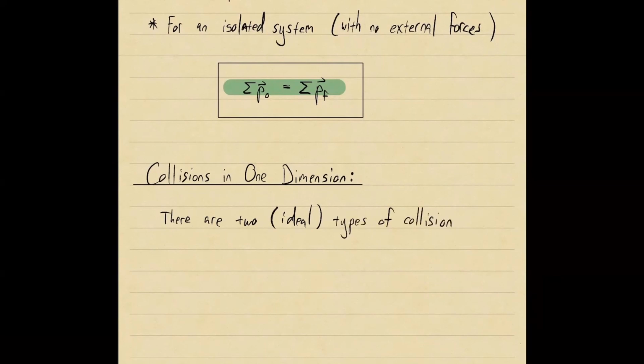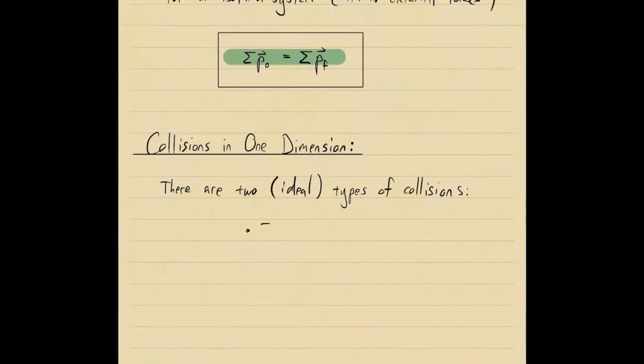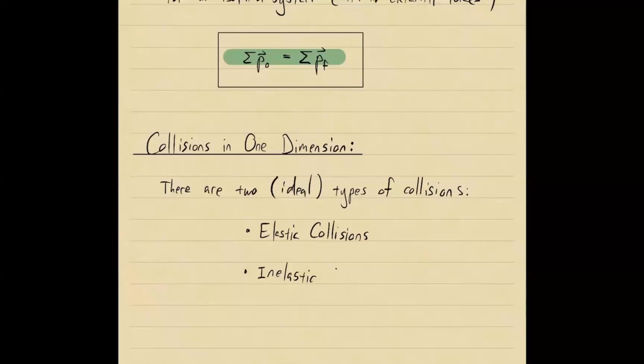And I'll talk about this more after. So the first type is called elastic collisions. The second type is called inelastic collisions.